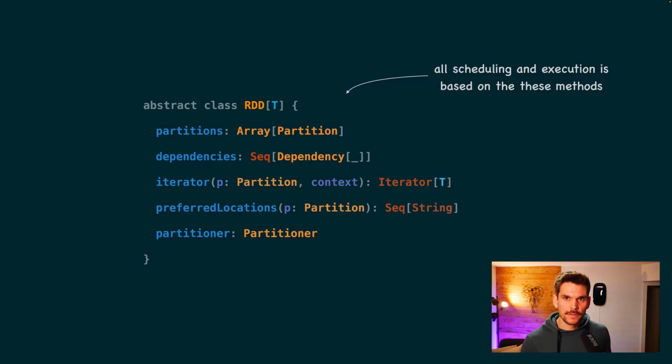All right, so the interface we see in Spark Core code looks basically like this, and these traits and methods on RDDs are the essential building blocks which are used for all scheduling and execution on the cluster. And it's very simple. So an RDD basically has a type.